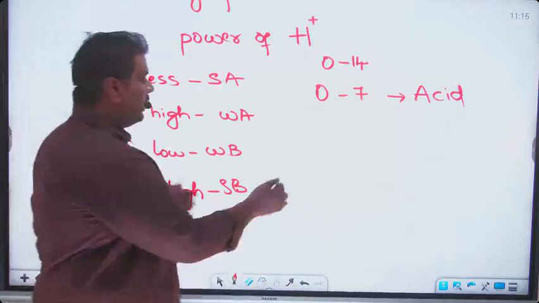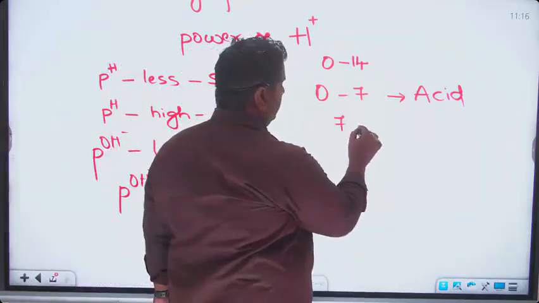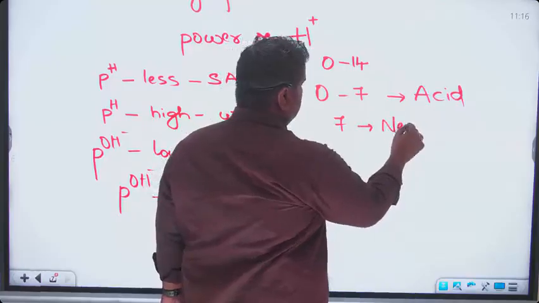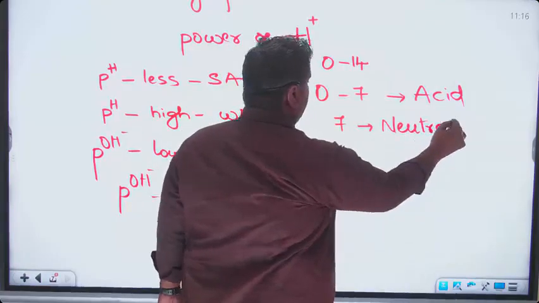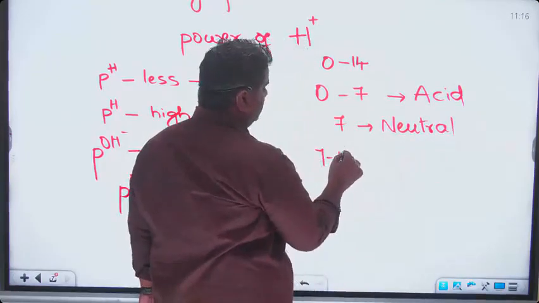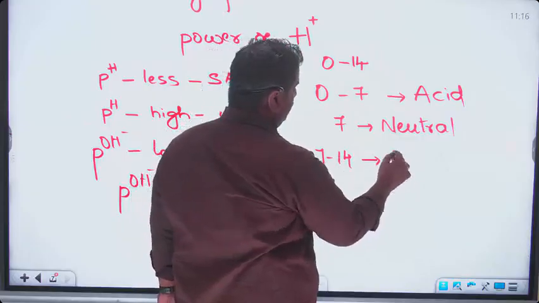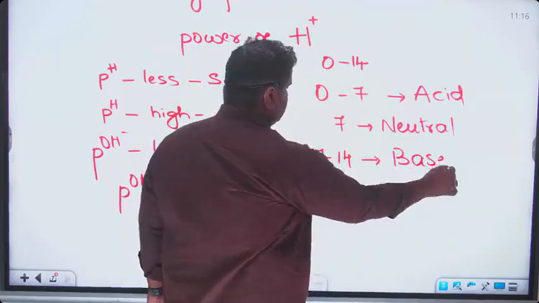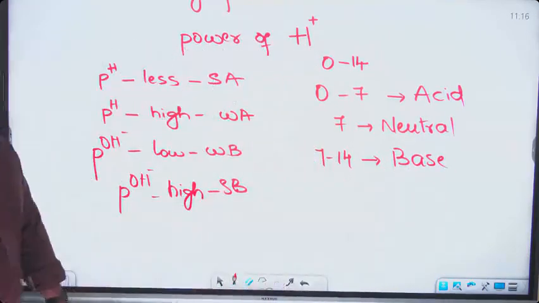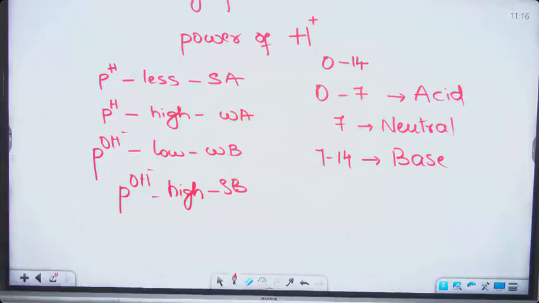If pH value is equal to 7, it is a neutral solution. And if pH value is somewhere between 7 to 14, in that particular case, it is considered to be a base. So exactly equal to 7, it is a neutral one. At the same time, 0 to 7 acid, 7 to 14, it is considered to be a base.